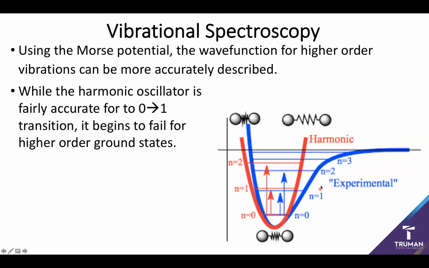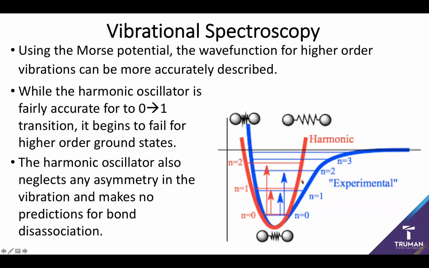It is going to be true that the harmonic oscillator is going to be fairly accurate for excitations out of the ground state, but it is definitely going to fail when I start worrying about high temperature regimes and lighter molecules where I may have higher occupation of these excited states.